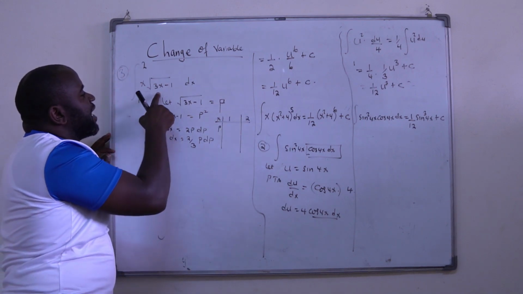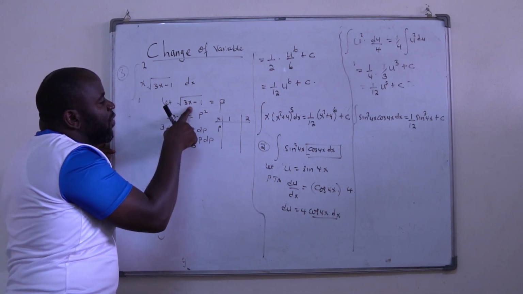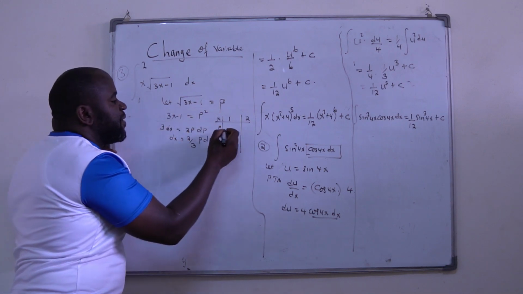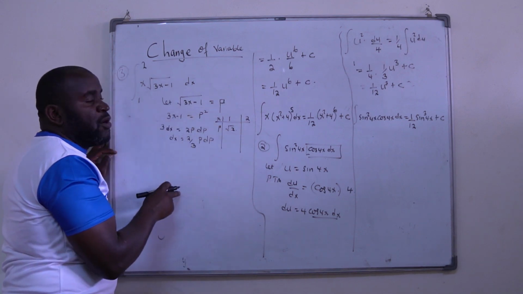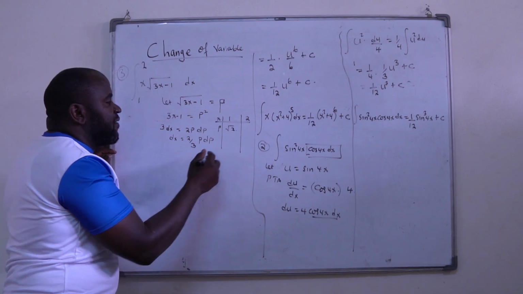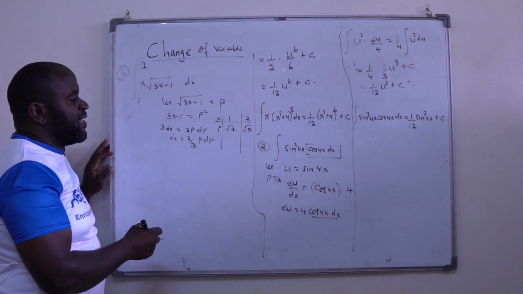Now when x is 1, I can substitute here. Remember we said when x is 1, you'll get 3 minus 1, which is 2, so p will be root 2. Whereas when I put here 2, I'll get 6 minus 1, I'll get 5, but under the root, so it's the integral from root 2 to root 5.